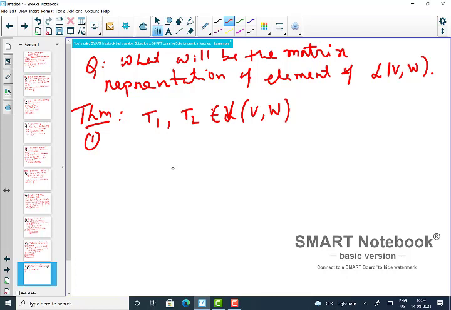And suppose you choose some bases, BV and BW, bases of V and W respectively.